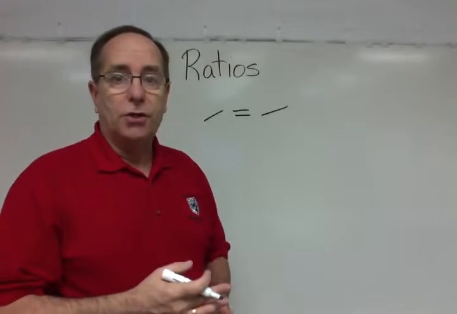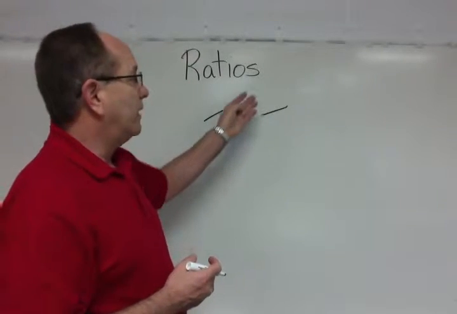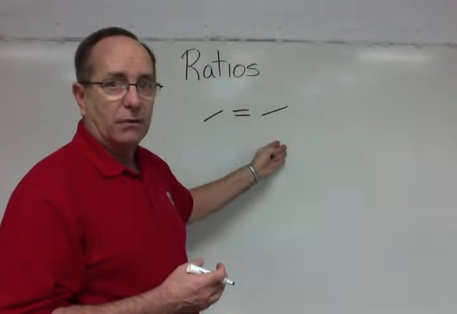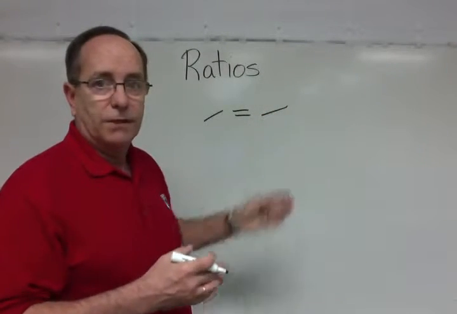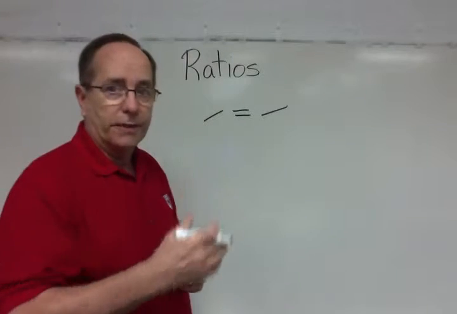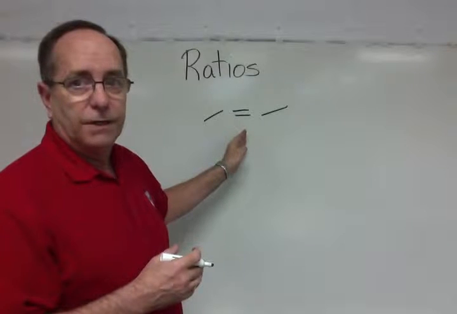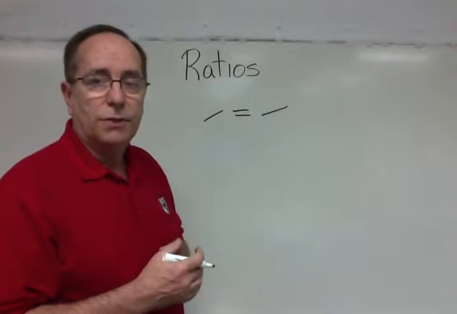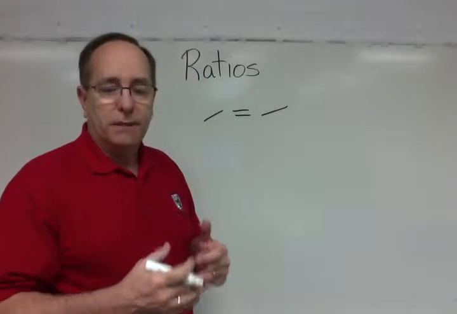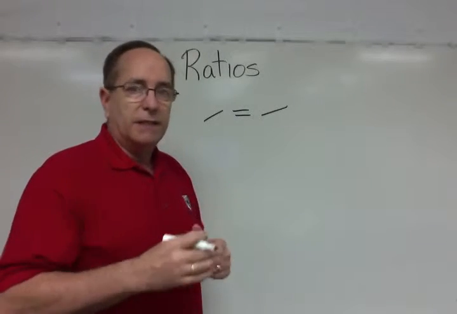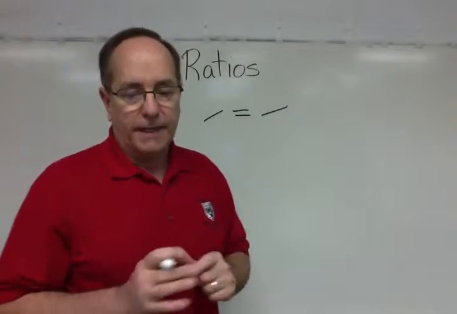The ratio is usually what we try to solve as a fraction, and we know something about what we want to solve as a third number, with a variable or unknown as the other numerator or denominator. Again, having labels is very important with ratios, as it is with rates. So we're going to set some examples up here so we can see the difference between a ratio and a rate, because a lot of times it looks like the same thing.